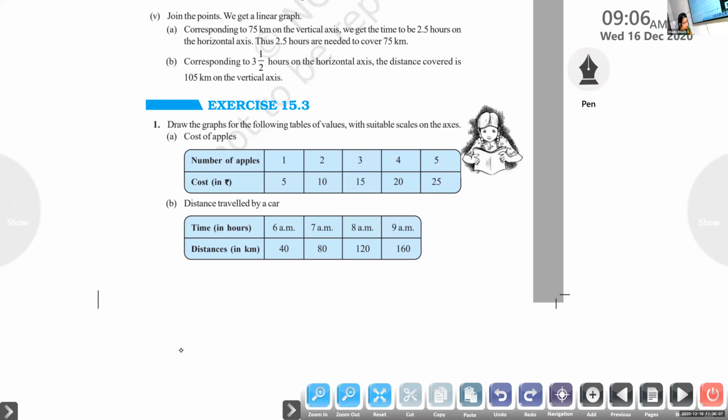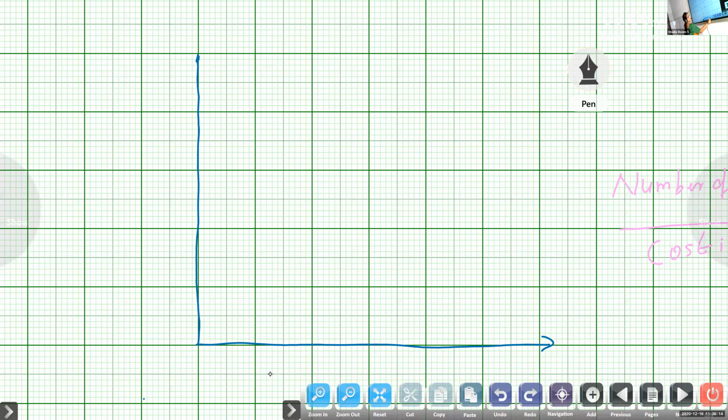On the x-axis we can take the number of apples: 1, 2, 3, 4, 5.